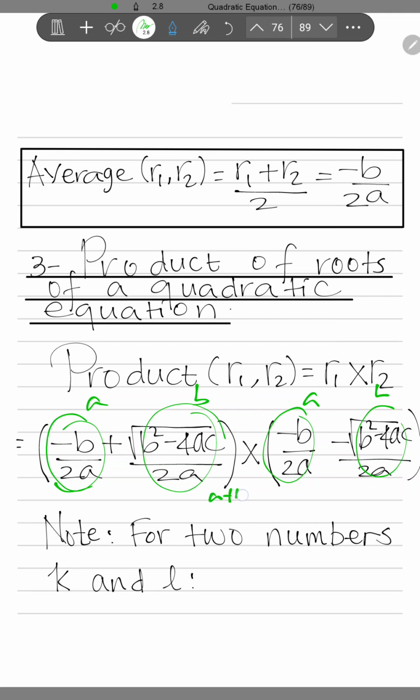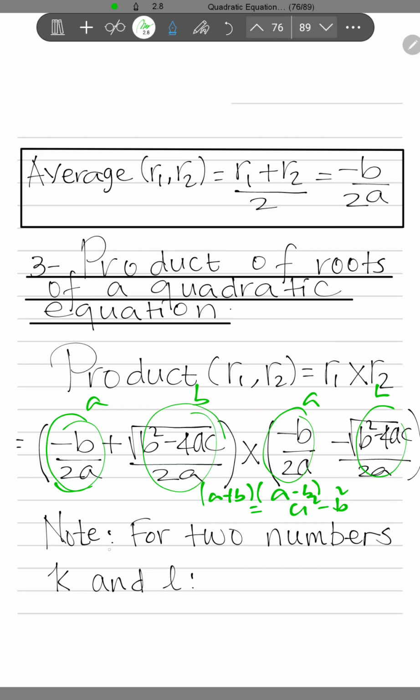Now a plus b times a minus b is equal to a squared minus b squared. This is a difference of two squares, which we have discussed in part 2 of this quadratic equations lesson. Let's see.